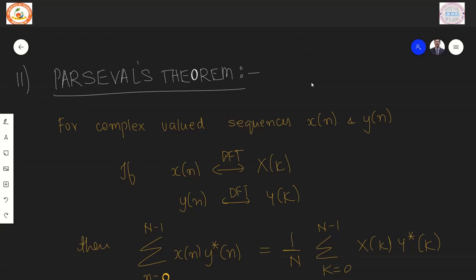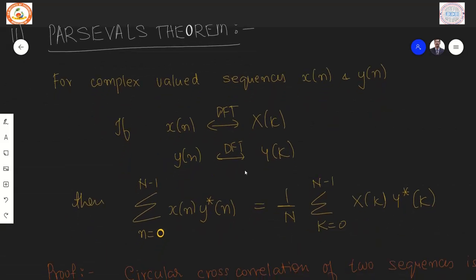Property number 11 is called Parseval's theorem. For a complex valued sequence x of n and y of n with respective DFTs x of k and y of k, Parseval's theorem states that summation n between 0 to n minus 1 x of n into y conjugate of n. So this is the time domain. So in the time domain, we are multiplying input x of n with conjugate of y of n and finding the sum.